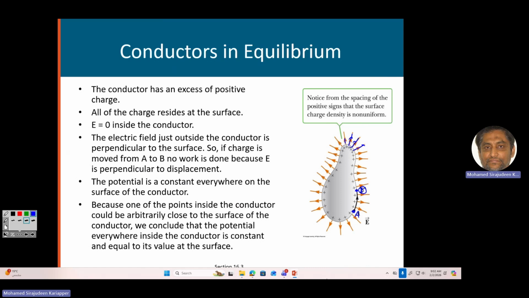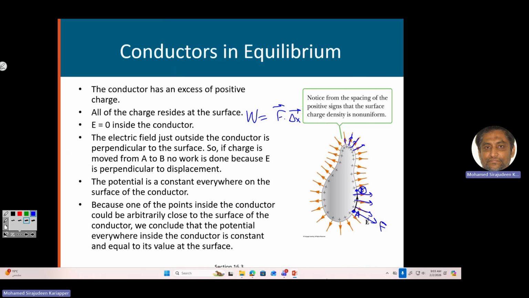Work done is force multiplied by delta x, actually the scalar product between the force and delta x. Because the electric field is like this, the direction of the force will be perpendicular everywhere.